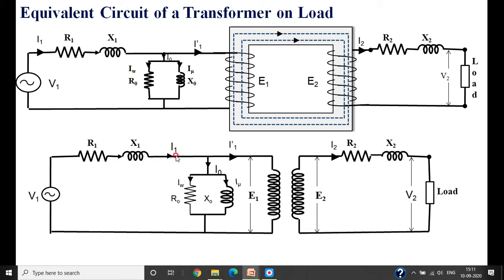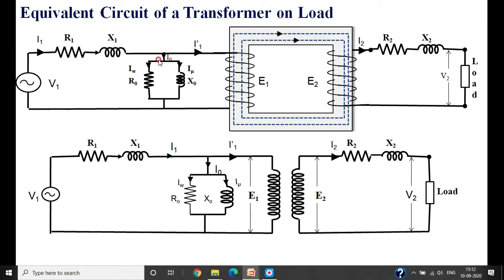Same R1 and X1. Here the no load component R0 and X0 is connected across the supply and is also represented. You can observe here the current drawn by the supply is I1. The I1 flows through the resistance and reactance of the primary winding. Then I1 has two components, that is I1 dash and I0.